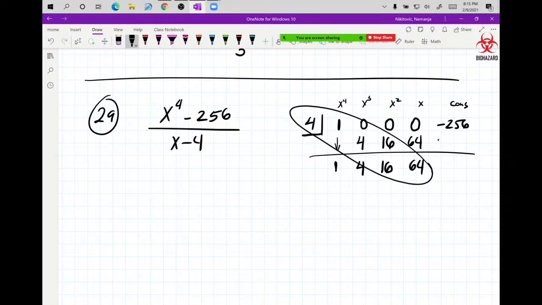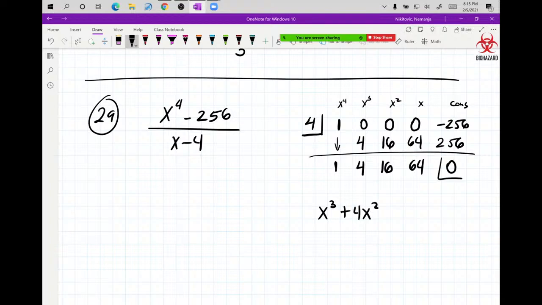Multiply, add. Ooh, we divided evenly. Nice. And since we started with x to the 4, the answer started with x cubed, and no remainder. So just plus 64 and you're done.